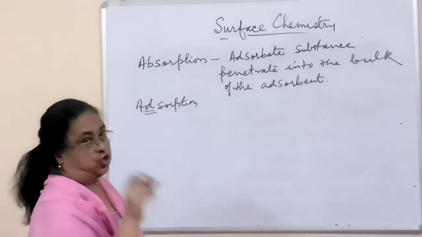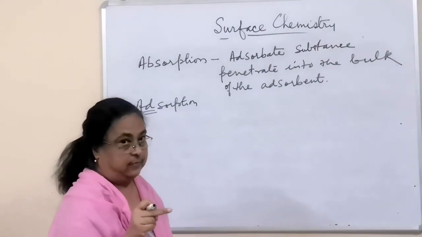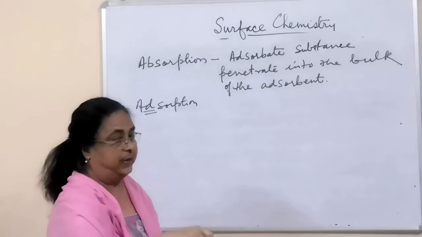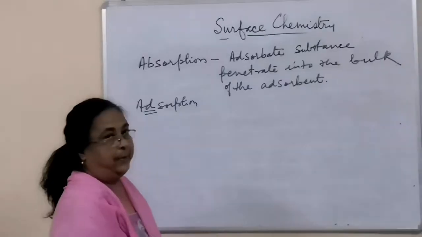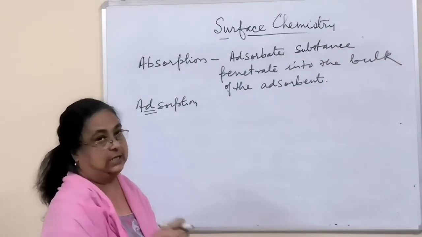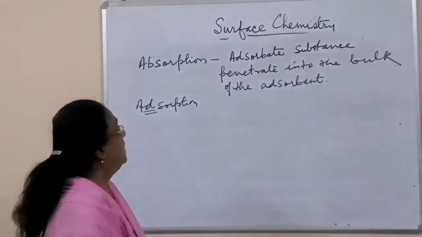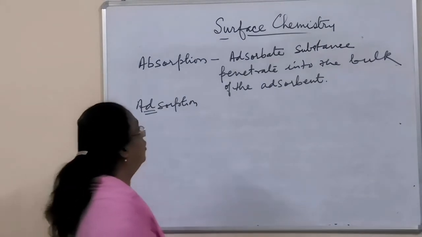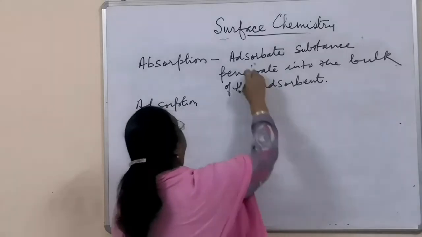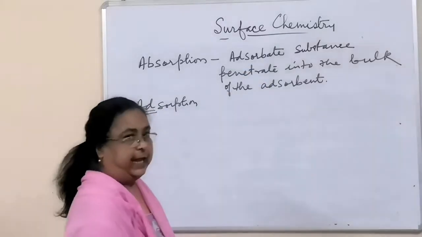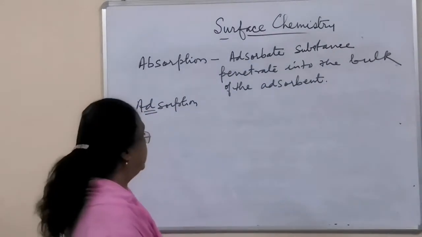That is, if you take a piece of chalk, a chalk stick, and you dip it into the ink, what will happen? The whole chalk will be stained. Inside it is penetrating, and so here chalk will be your adsorbent and ink will be your adsorbate.